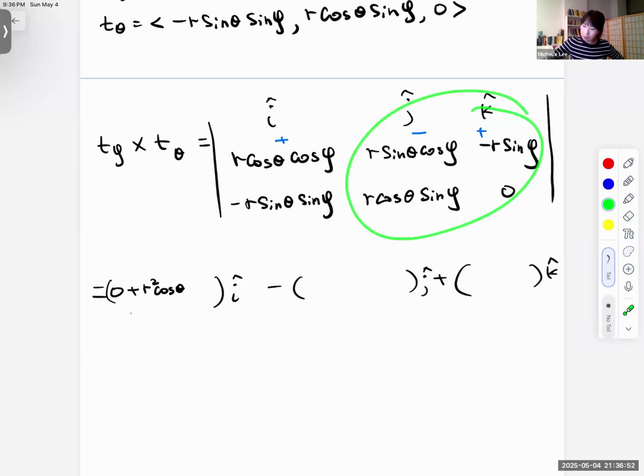We keep this one, multiply this way, then minus this way, and get positive r squared cosine theta sine squared phi.